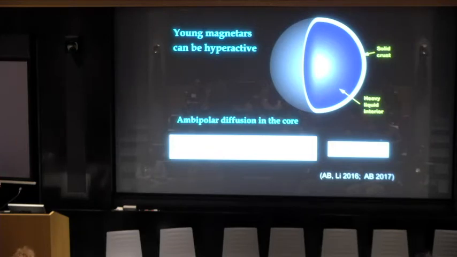The hyperactivity of a young magnetar comes from very fast ambipolar diffusion in the core, which becomes sufficiently fast, meaning less than century time scale fast, if the field inside the core is about 10 to the 16 Gauss. And then this object would be producing flares like crazy, but of course not for kiloyears, only for maybe 30 years or something, maybe 1 century.